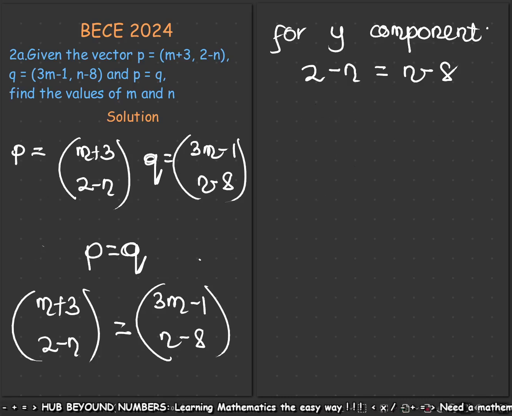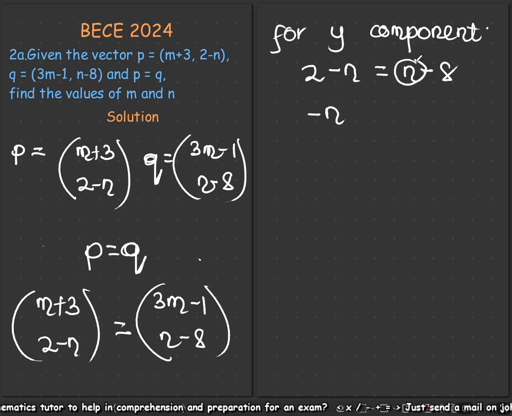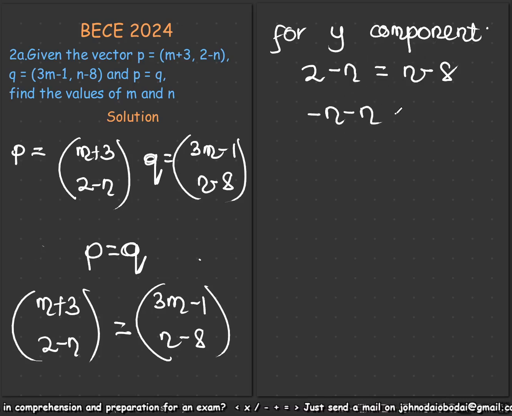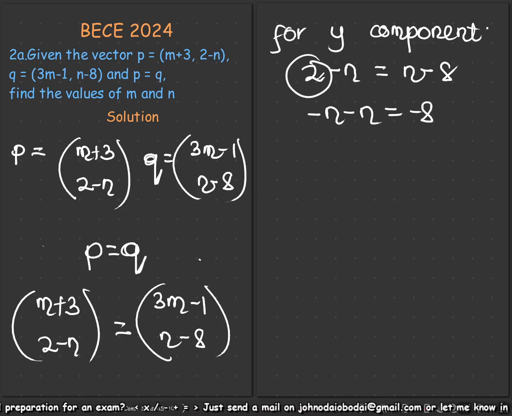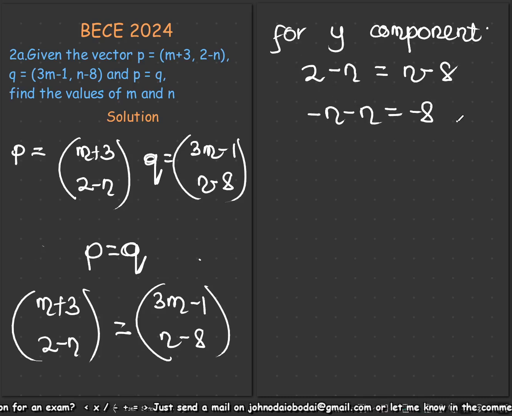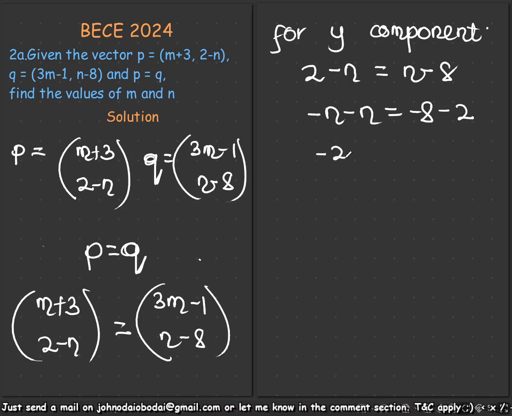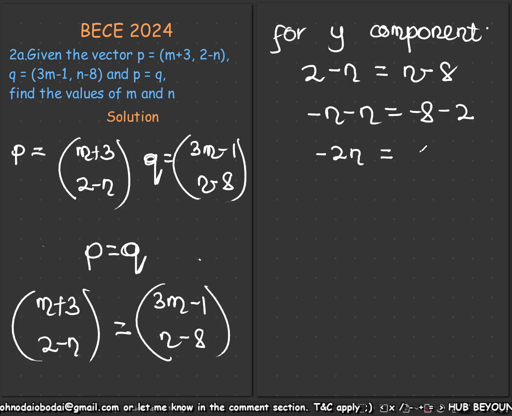So we have negative n over here, then I want to choose to bring this to it. So negative n is equal to, we have a negative 8. Then this 2 moves to the other side to become a negative 2. So -n - n will give us -2n is equal to -8 - 2, which will then give us a negative 10.